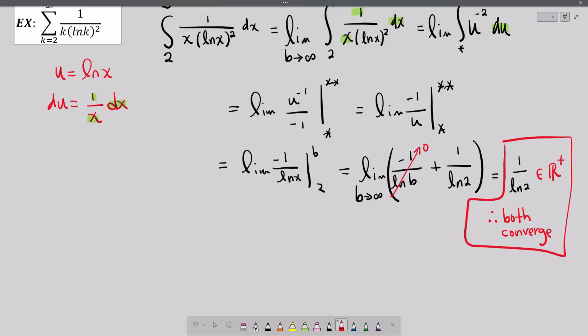So if you get a positive real, both are converging. But this number here is the value of the improper integral, but it's not necessarily the sum of the series. Could be. So that is how the integral test works.